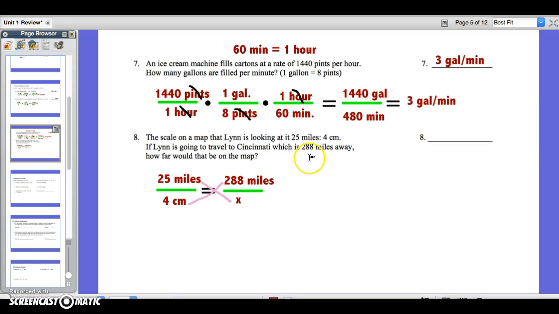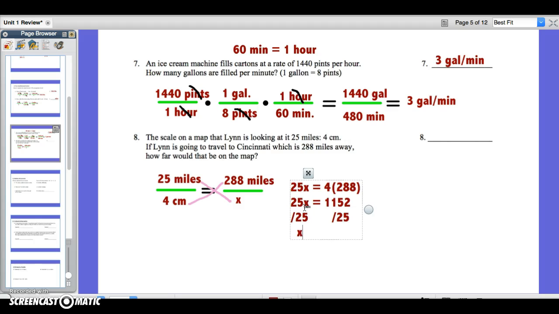And let's actually write what this is. 25 times x is going to give me 25x and equals 4 times 288. I wanted to just type it like that so you guys know that's what I'm doing. 25x is equal to, and then let's actually figure that out. 4 times 288 is 1,152. Now we're trying to isolate the x, so I'm going to divide by 25 on both sides.